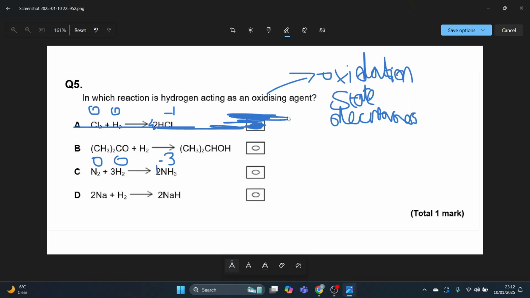It donates electrons, and chlorine accepts the electrons. And in this case, oxygen donates electrons, chlorine also, and nitrogen accepts electrons, so that is hydrogen acting as a reducing agent. In this case, 0 to +1. What is the oxidation state of hydrogen in NaH? Well, hydrogen is surely +1, right?